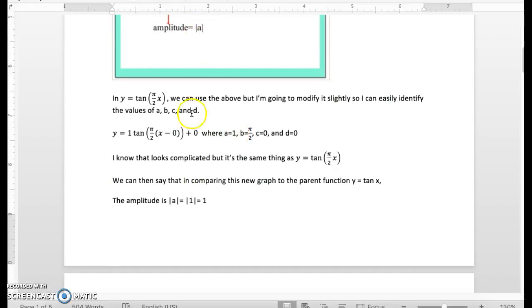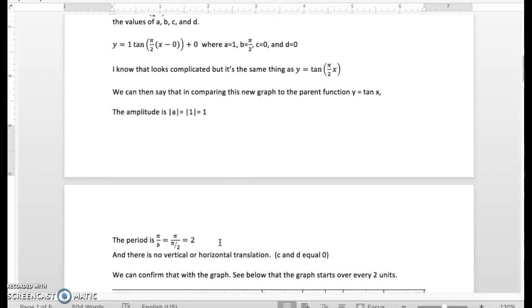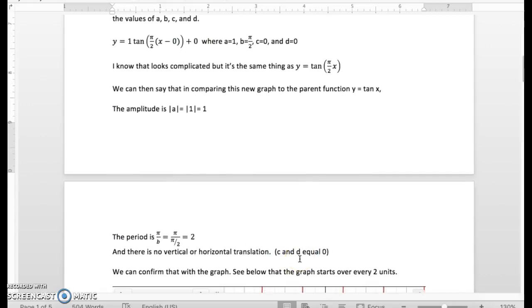It says here that you have to take the absolute value of that, of course. So the amplitude is 1. And then the period is pi over b, which we said b was equal to pi over 2. So if you do pi divided by pi over 2, that equals 2. So the period is 2. And then there's no vertical or horizontal translation because c and d equal 0.